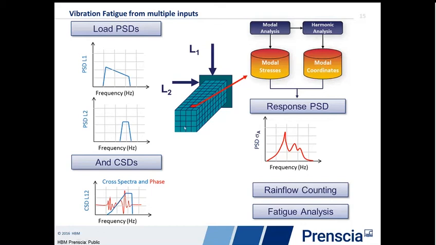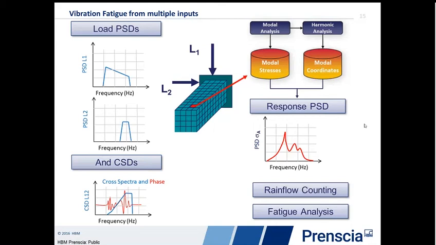But they come in as our loading. And again, the frequency response function could be a direct response function, or it can be modal. And here modal has a tremendous advantage because it's one set of mode shapes, and then all the different inputs in terms of frequency response are just the modal coordinates.